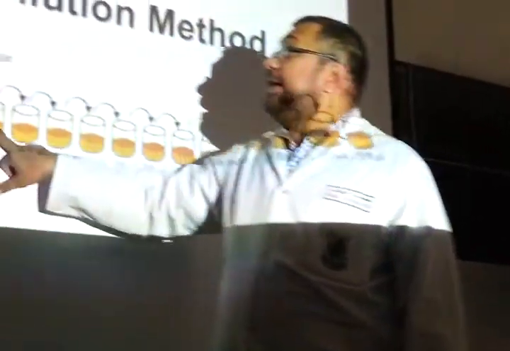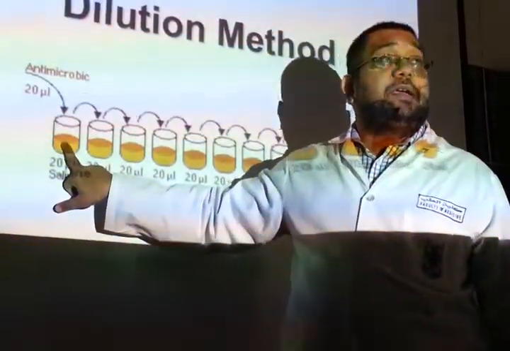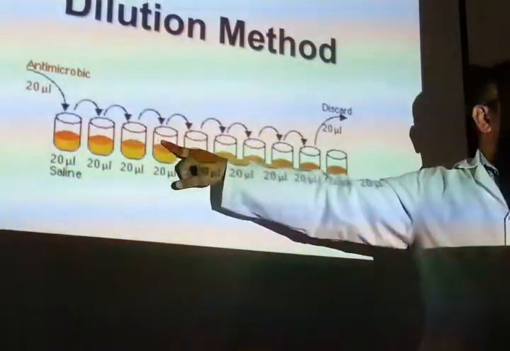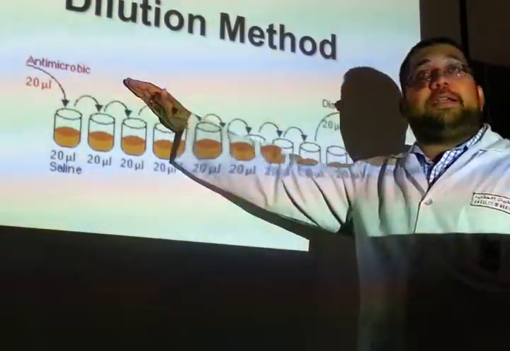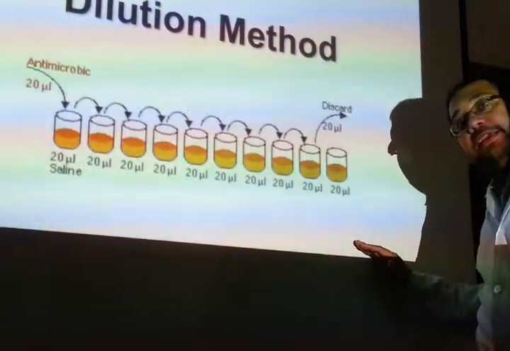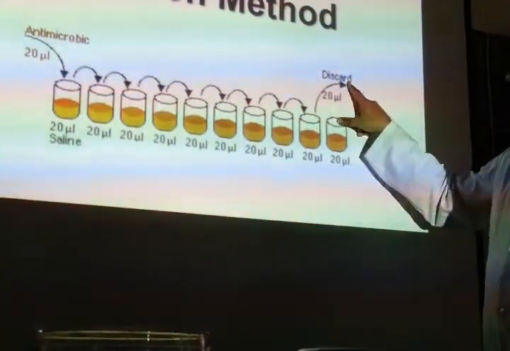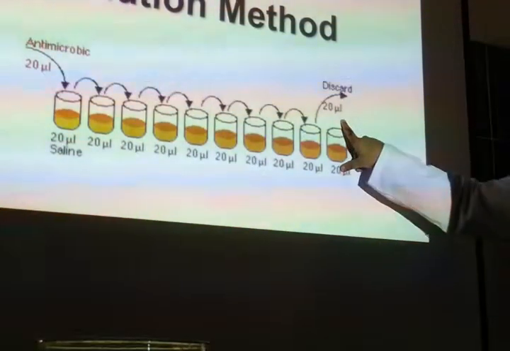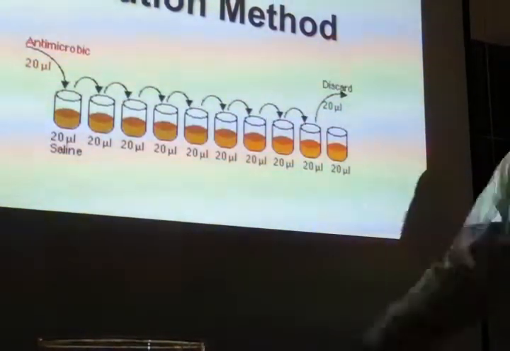But the antibiotic here was pure, 20 microliter. But here, the mixture is going, then the mixture is going. So the concentration of antibiotic will keep on decreasing. And in the last one, we discard the 20 microliter. Here, no antibiotics.